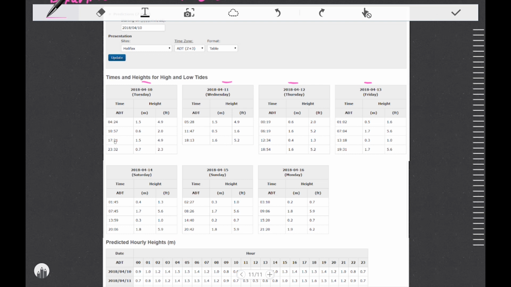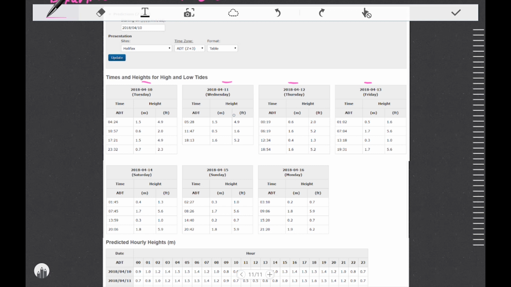At 17:21, we would have our second high tide, which again is going to be 1.5 meters above chart datum. And at 23:32, 11:30 in the evening, we would have our second low tide, and this low tide is a little bit higher than the first low tide at 0.7 meters above chart datum.